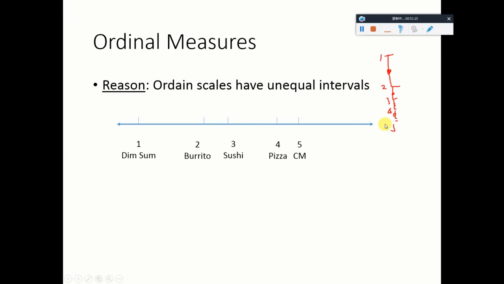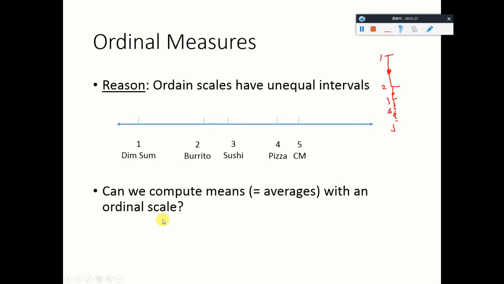All right, here's just another example. Exactly because for an ordinal scale we don't have equal intervals, that means we assign different weights to different values on this variable.